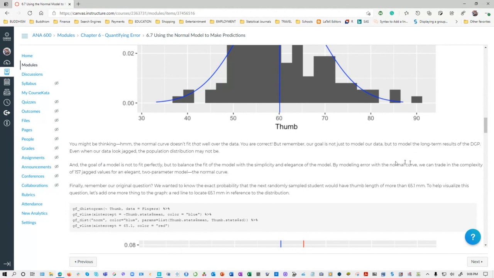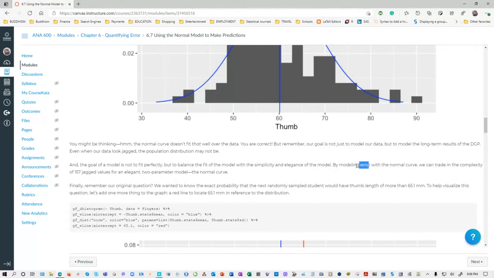By modeling error with the normal curve, you're going to have an error, but we want to model the long-term result. The goal of a model is not to fit perfectly, but to balance the fit of the model with the simplicity and elegance of the model.